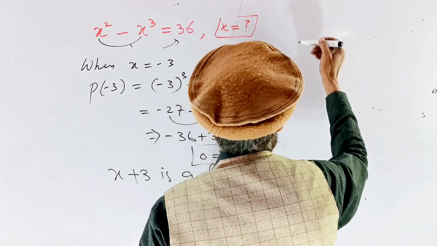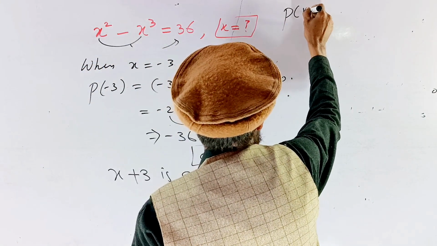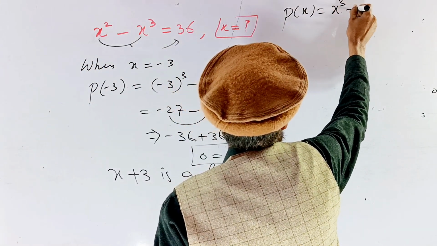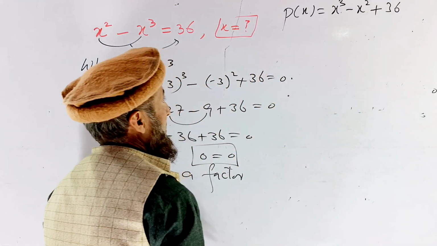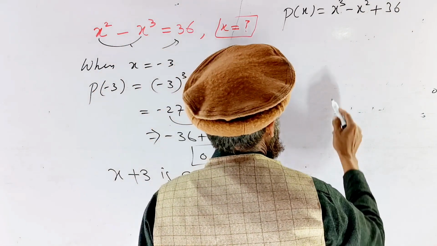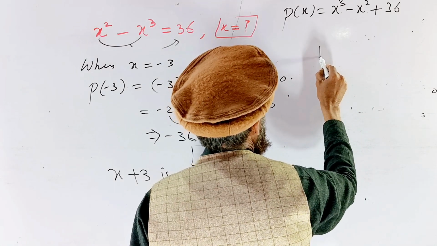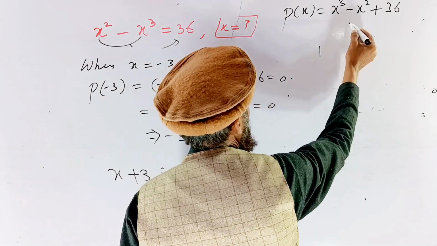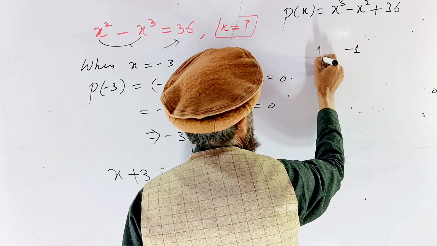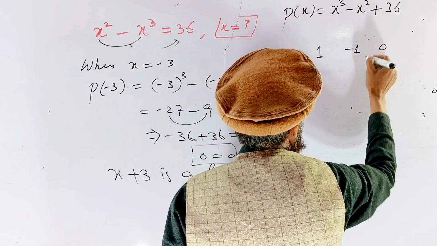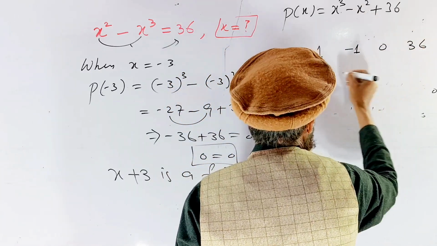The polynomial is p of x is equal to x cube minus x square plus 36. First we write the coefficients: the coefficient of x cube is 1, the coefficient of x square is minus 1, x is absent so we put 0, and 36 is the constant.